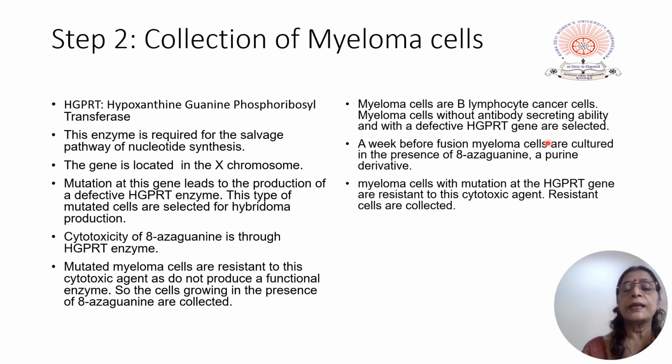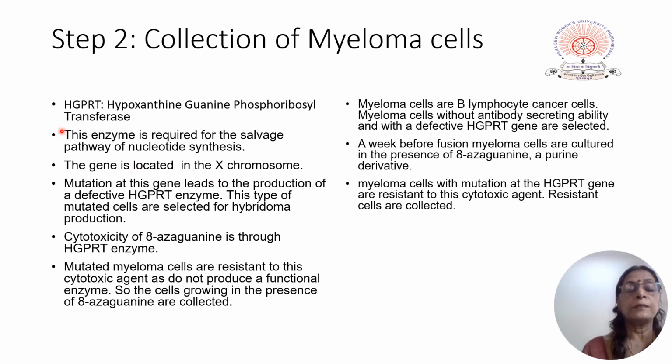So what is this HGPRT gene? This is the gene for hypoxanthine guanine phosphoribosyl transferase. Nucleotide biosynthesis involves the de novo pathway. Under certain situations, the de novo pathway cannot operate, and under that circumstance, there is a salvage pathway, or alternative pathway, of nucleotide synthesis.